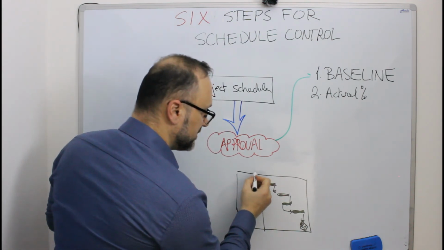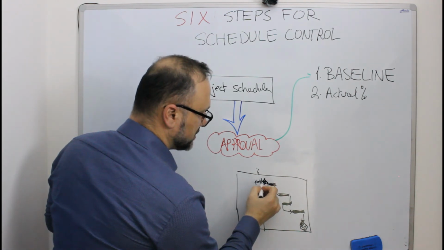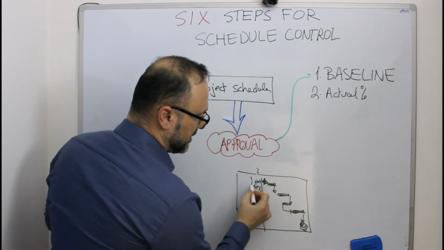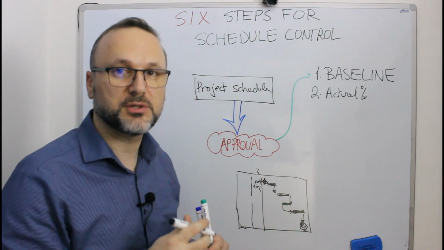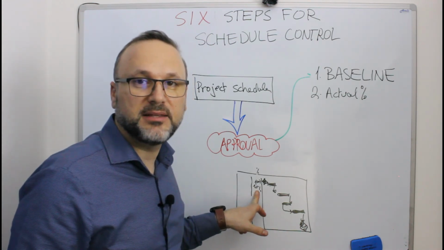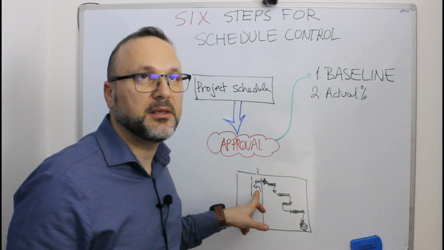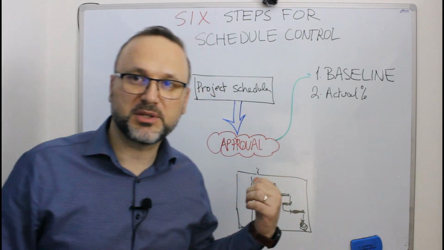Now you create the percentage here and you put this is 100%, it's already started, this activity is 10%, and you start filling. Okay, the percentage here is not by estimating, or by saying I guess it's 5%, so let's put it 5%.